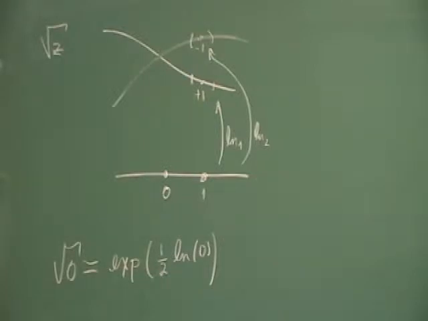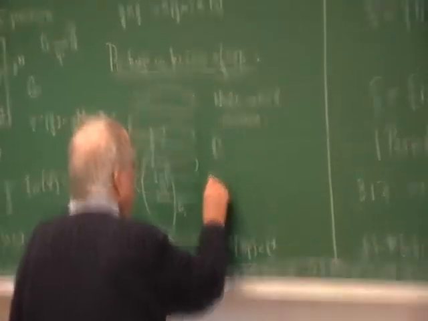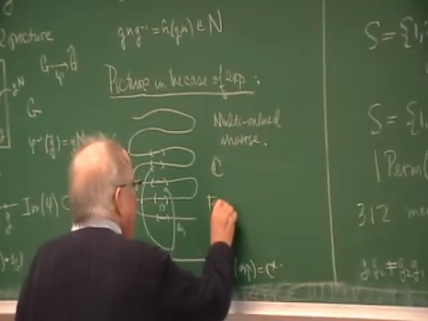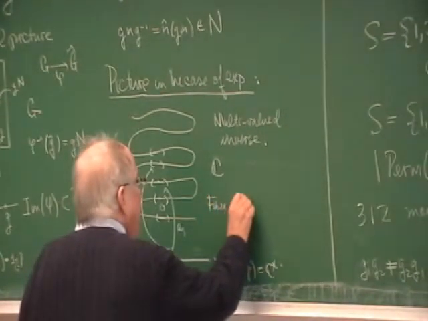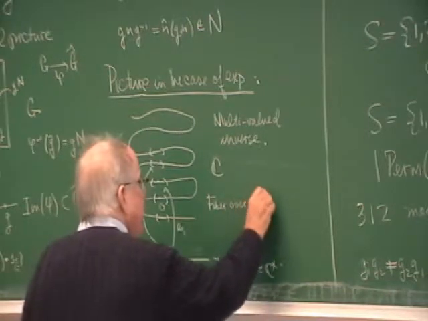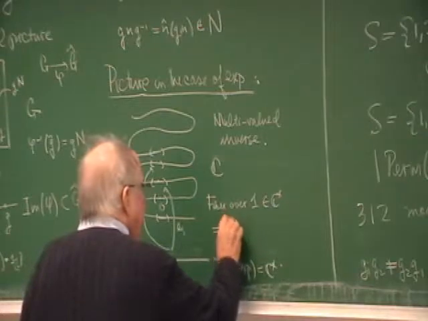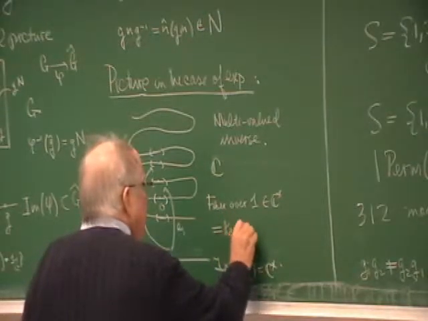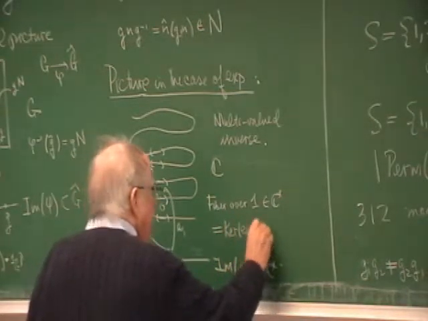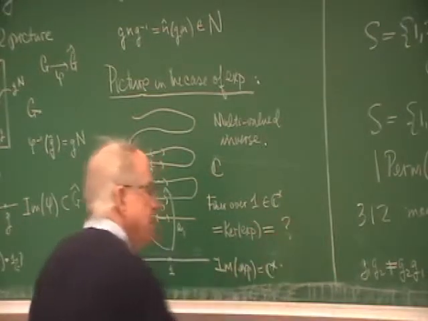And that's what we're going to show now, because the fiber over 1, that's the key thing over the number 1 in C star. This fiber is what we're calling the kernel of the mapping, the kernel of X. And now we should figure out what that is.